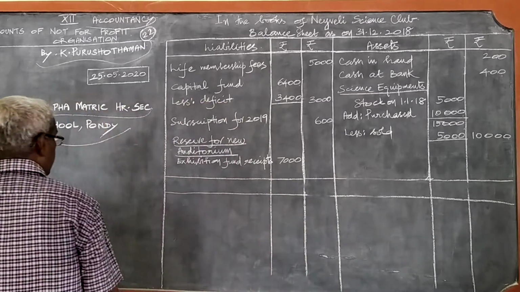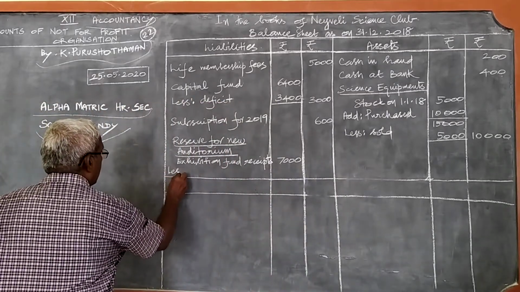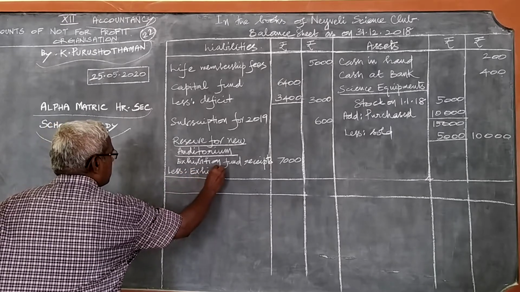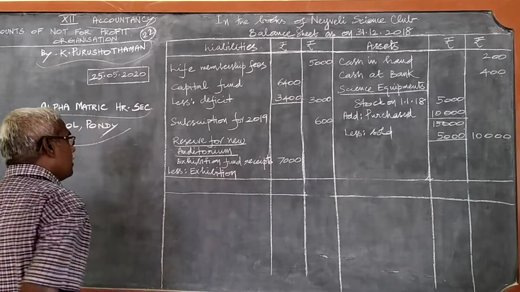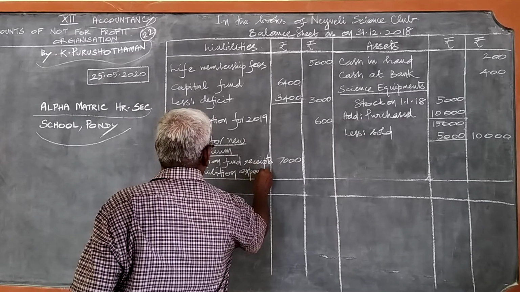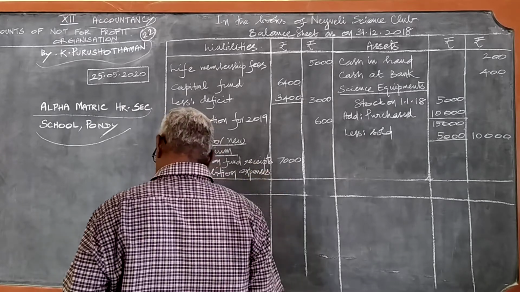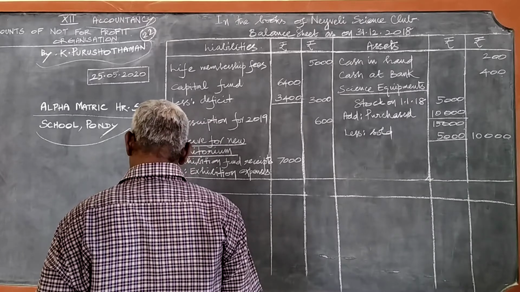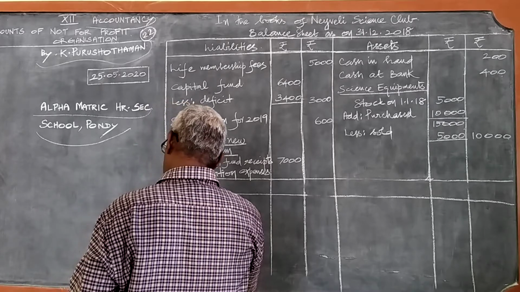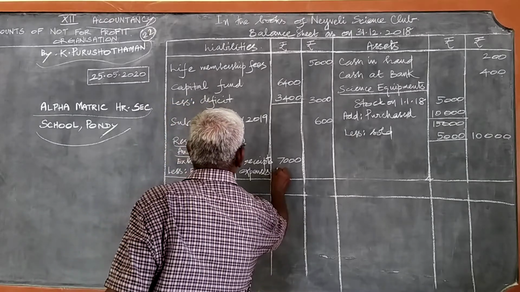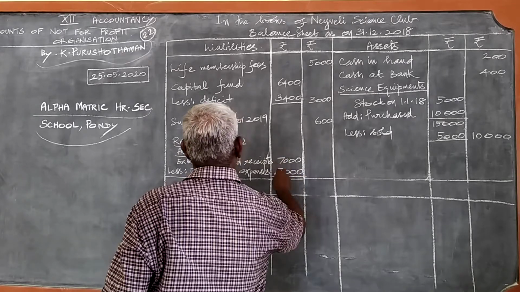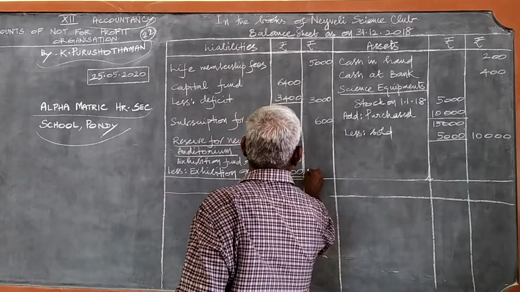Less exhibition expenses 5,000. 7,000, this is 5,000. So the excess in it is 2,000.